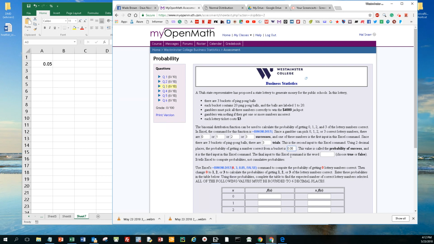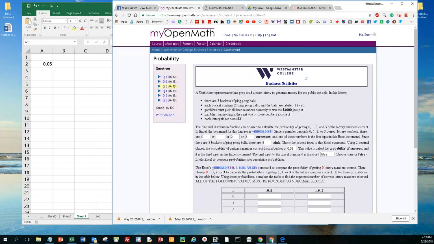The final input to the Excel command, binom.dist, is true or false. You can do either, but we're going to do false, because false says don't use the cumulative binomial distribution. So we're going to say false there. Okay, so we're going to use this command here.